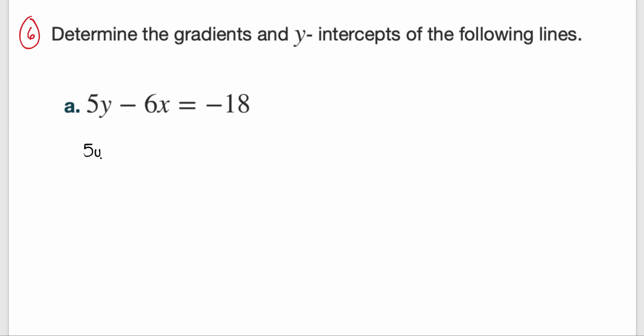So I do 5y take away 6x is equal to negative 18. Then I'm going to leave the y alone. To do that, I'm going to add 6x to both sides, and when I do that, I can cancel this out. And I get 5y is equal to 6x take away 18.